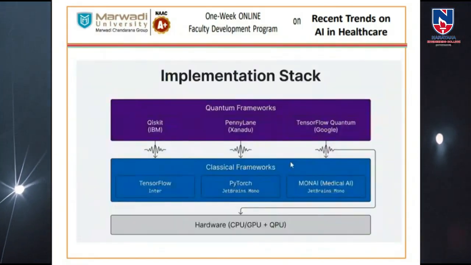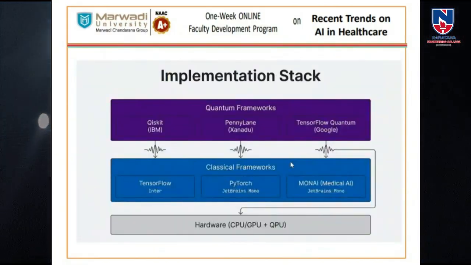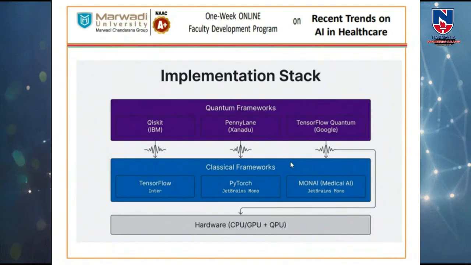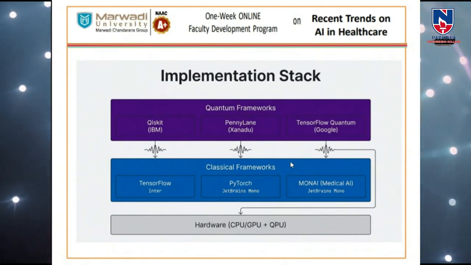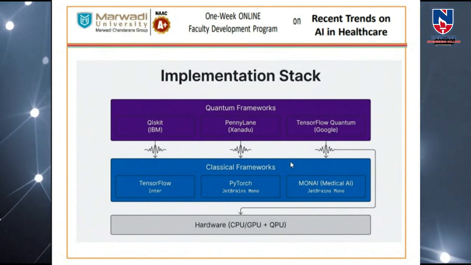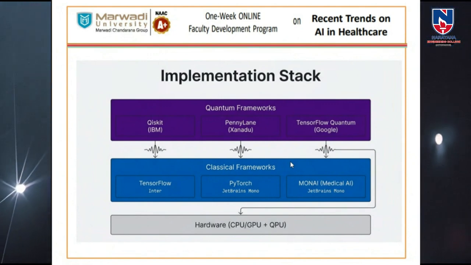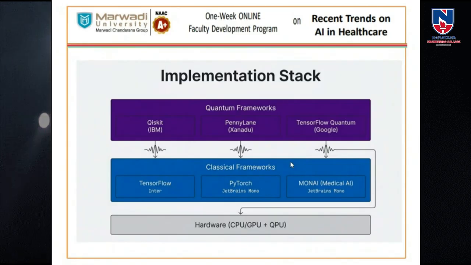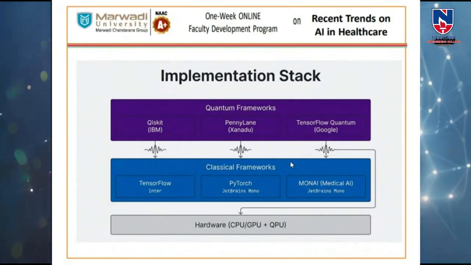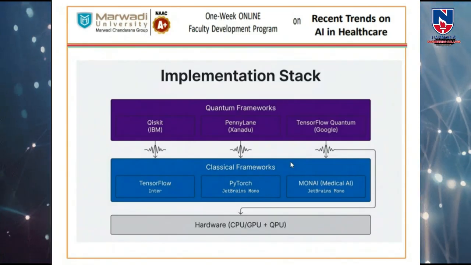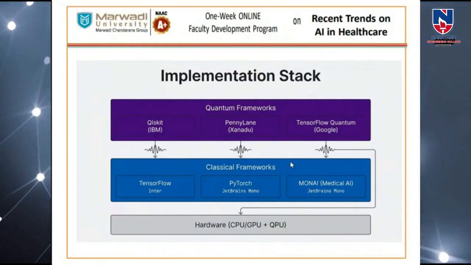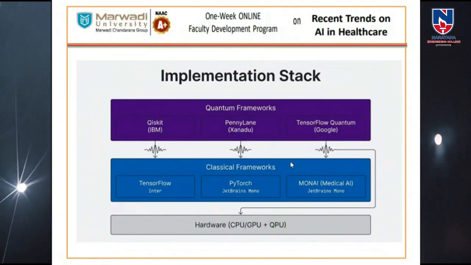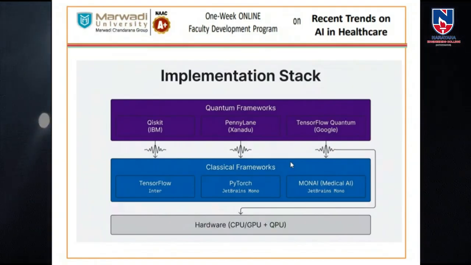Of course, if you see the real-time implementation, people may think that as of now we don't have any quantum computers. How can you implement quantum technology or quantum machine learning in a normal system? Of course, you can go with this. This is the way you can implement QML.